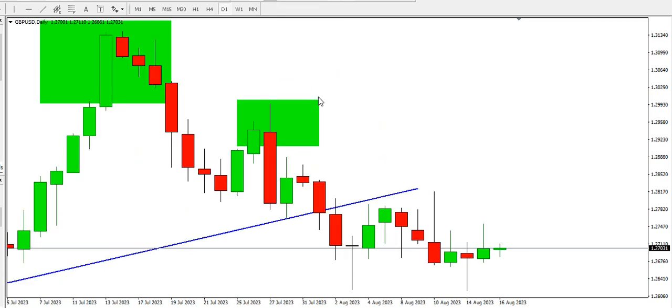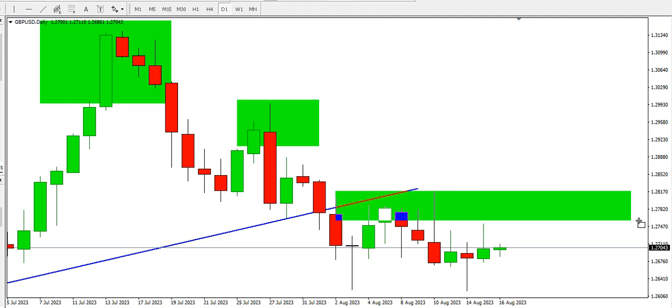But if you take a look at what is happening here, we are seeing price currently finding an equilibrium between the buyers and the sellers around this point. So more like price is ranging in this particular area.